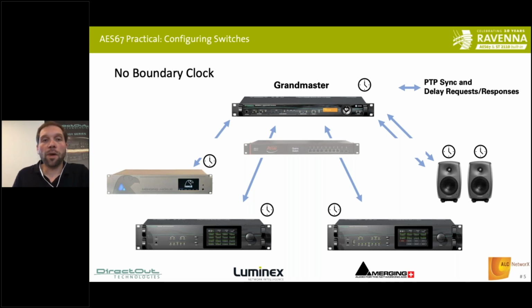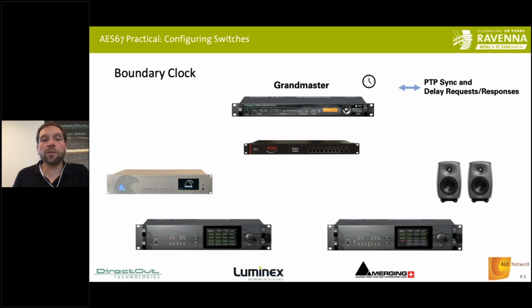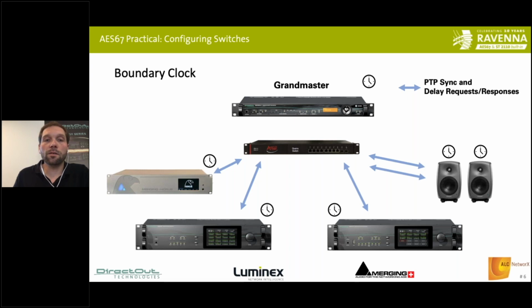So boundary clock will help here to take this burden off the grandmaster, and now the nodes are just talking to their switch, to their boundary clock, getting the delay responses from there. The switch handles all the delay requests, and in return only the switch will talk to the grandmaster and measure that distance and that delay there.